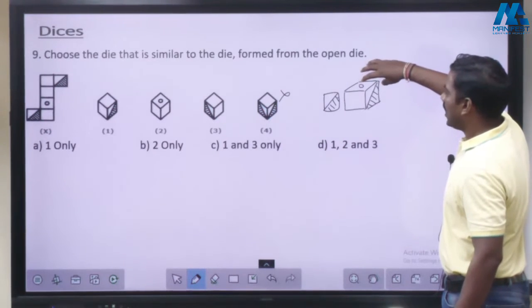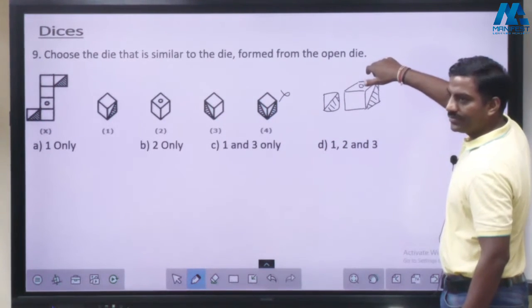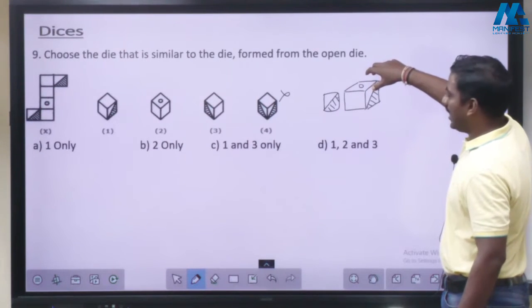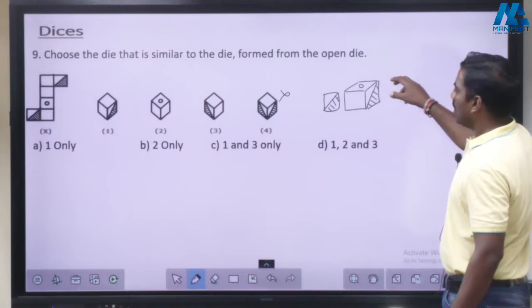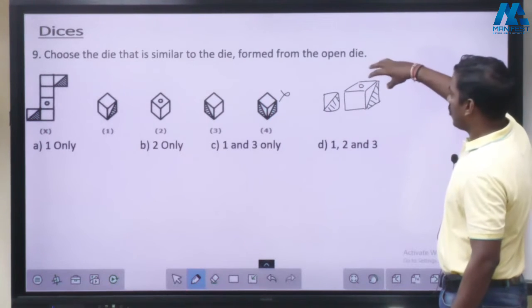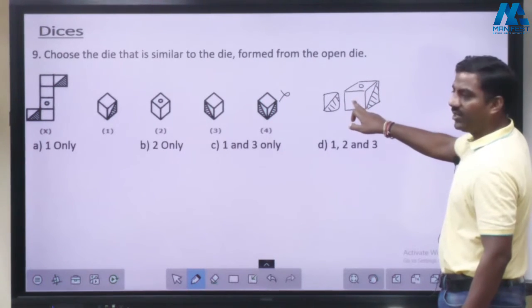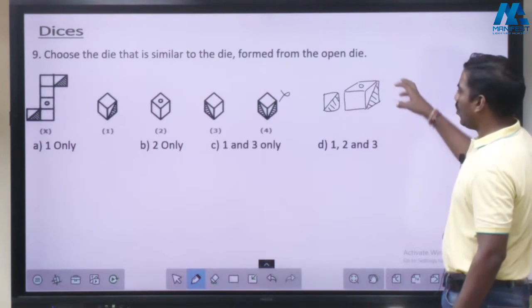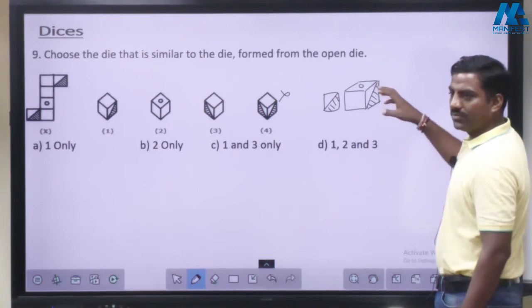What I'll do, I'll rotate like this. I'll rotate like this. And rotate like this. So this will come in the front. Then I'll do 180 degree opposite.